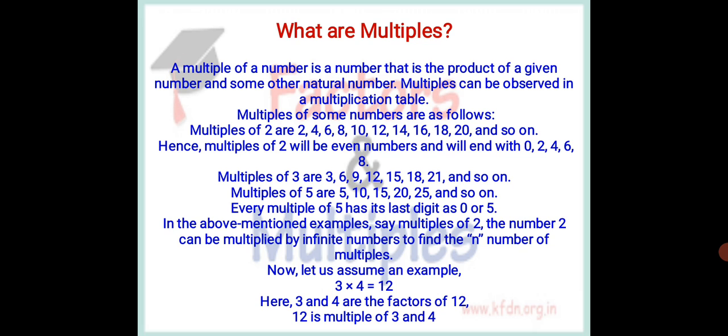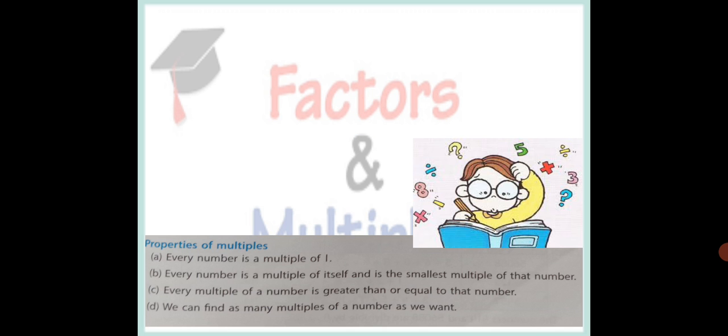Children, now the time has come to discuss with you the properties of multiples. Property number 1, every number is a multiple of 1. Property number 2, every number is a multiple of itself and is the smallest multiple of that number.